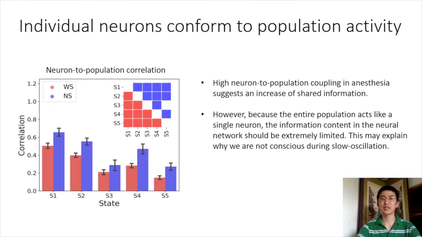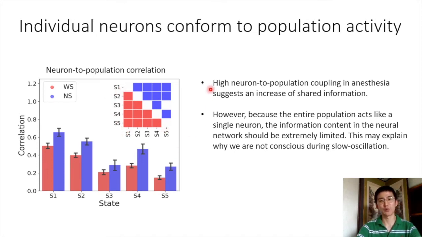Next, we examined a relationship between individual neurons and population activity. We calculated cross-correlation between spikes of a single neuron and spikes of a population. A substantial change in correlation was observed in both wide spiking and narrow spiking neurons. All pairwise comparisons were statistically significant for wide spiking neurons.